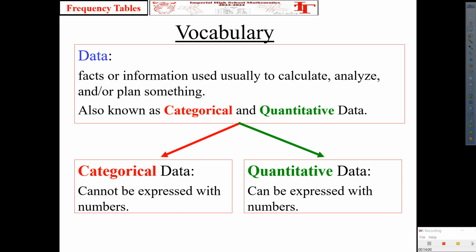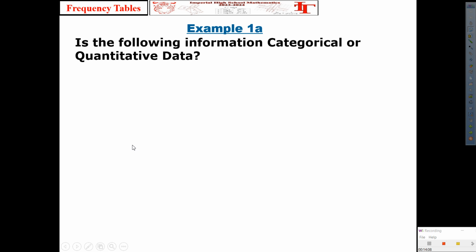So you didn't copy this. Now, really quick to clarify those two types of data. Here it goes. Look up. Don't copy this. It says, is the following information categorical or quantitative? Tell your neighbor, please, what kind of data is that? Everyone? Categorical.